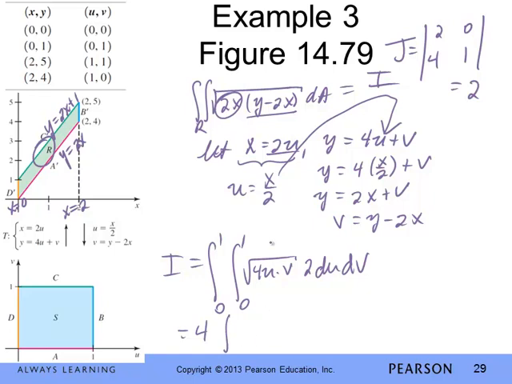And now this whole thing is going to be 4 times the square root of u times the square root of v, which is an easy integral. I'll let you do it yourself because I'm going to move on. So what did that work out to be on the next page? That works out to be 16/9. Look at all the juicy details on page 1058.